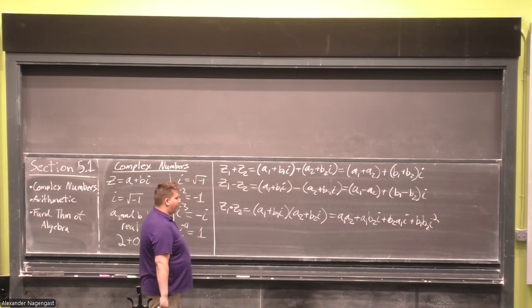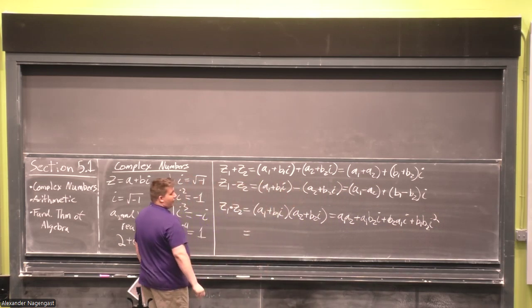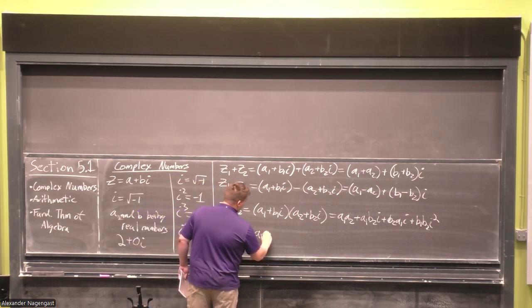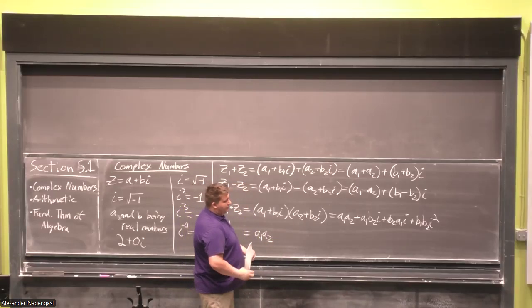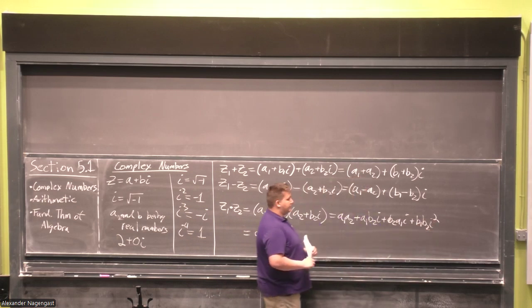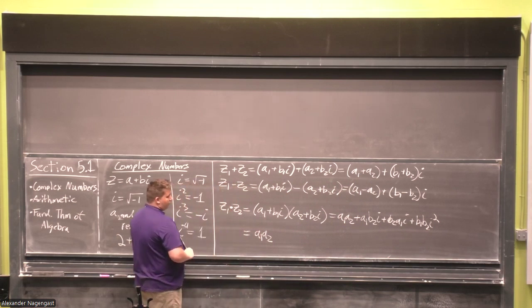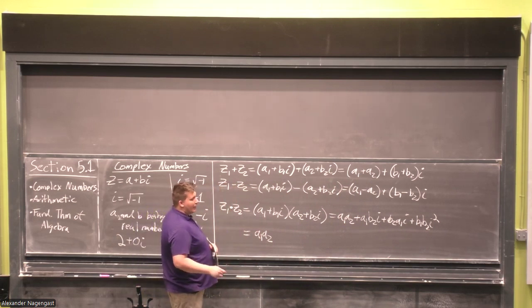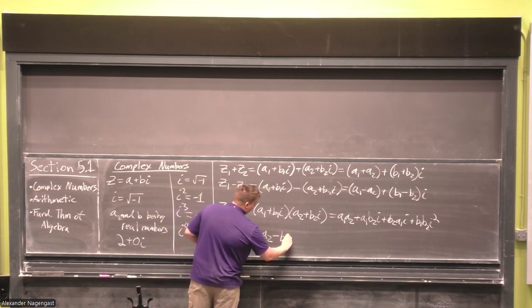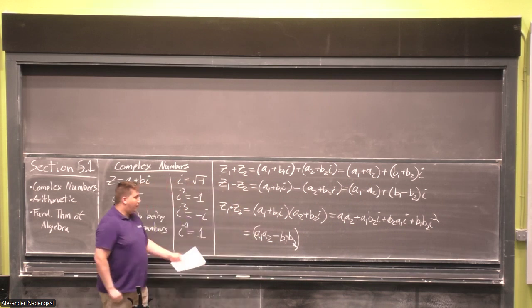Well, we can simplify that, and we'll get a1 times a2. And if I take a look at this b1 times b2, it's times an i squared. As we said before, i squared is just -1. So that's like subtracting b1 b2. So it's a real number because there's no more i. So we have minus b1 b2, and that is the real portion of this product.